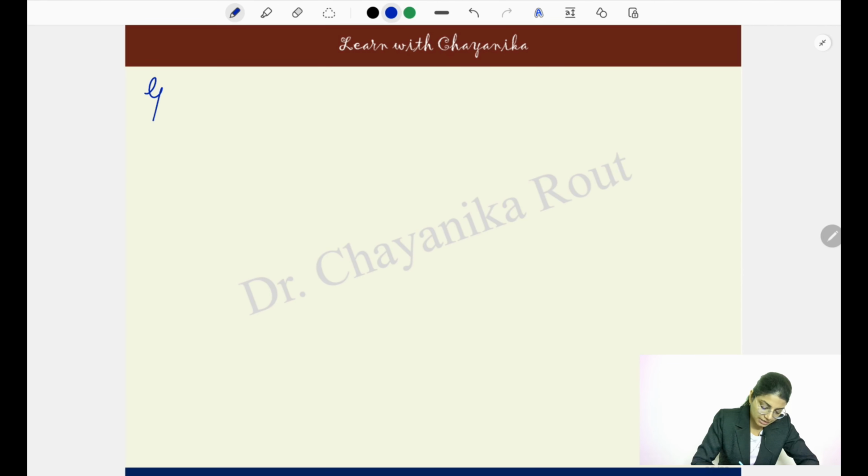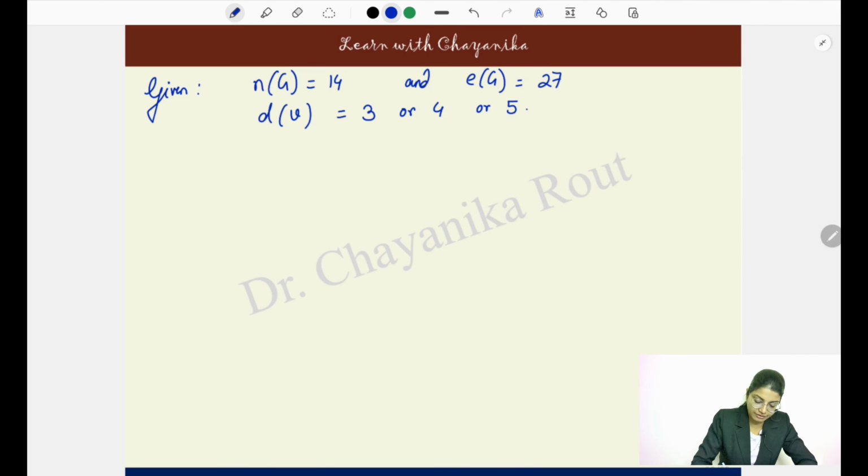So let us list down what has been provided to us. The order of the graph is given as 14 and the size of the graph is 27. The degree of any vertex is either 3 or 4 or 5. No other degree is present for any vertex in the graph. And what else? We know there are 6 vertices of degree 4 each.